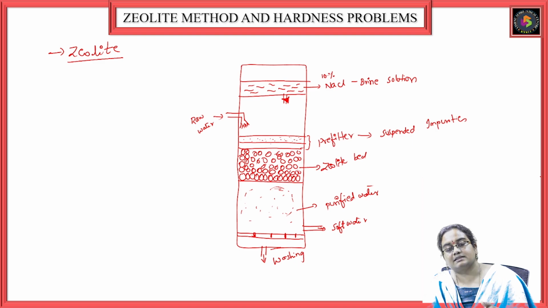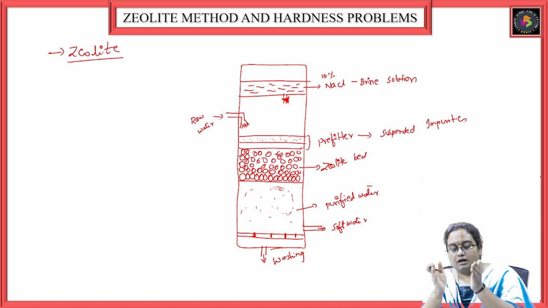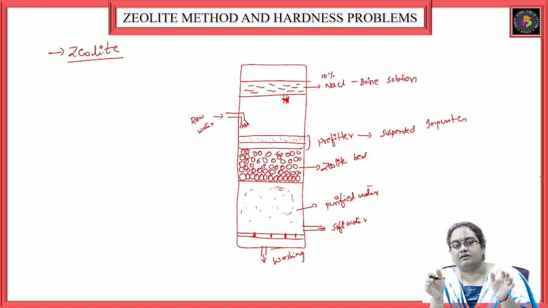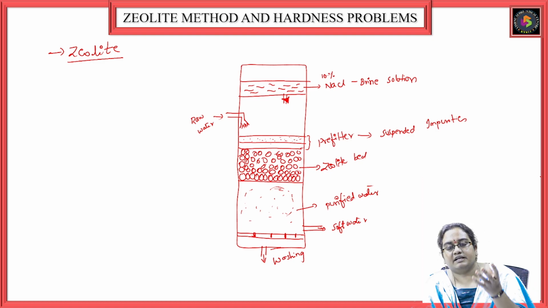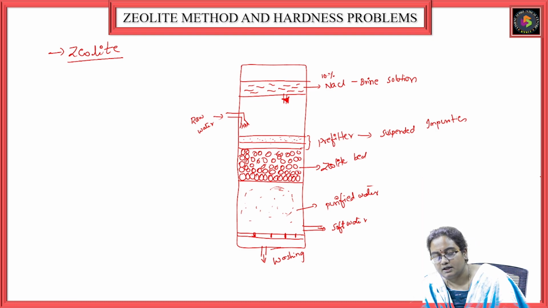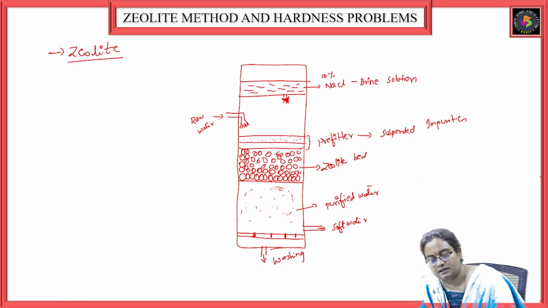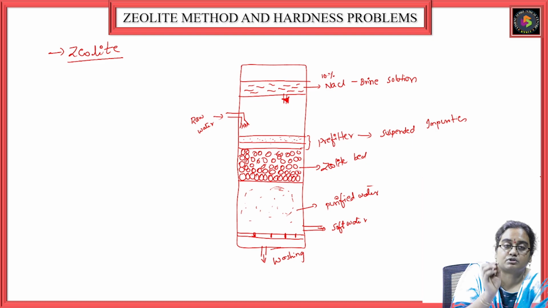Next is the layer to collect the softened water, and at the bottom we have a gravel layer to allow the waste particles to pass through it. It has two outlets: one to collect soft water and the other to collect washings. Now move on to the process. What is the process happening?